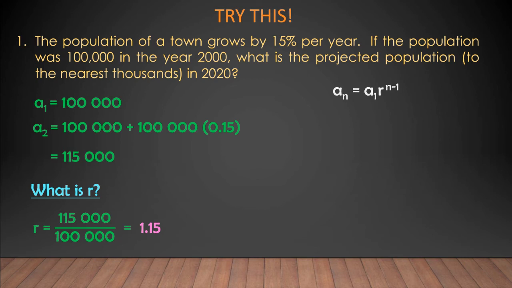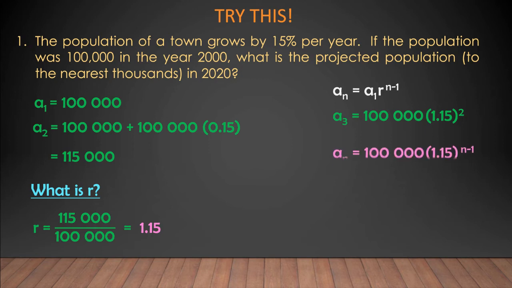Now, using the formula, A sub n equals A sub 1 times r raised to n minus 1, we can have A sub 3 equals 100,000 times 1.15 squared. How did we get this 2 here? Since n is 3 here, so 3 minus 1, therefore that is 2.